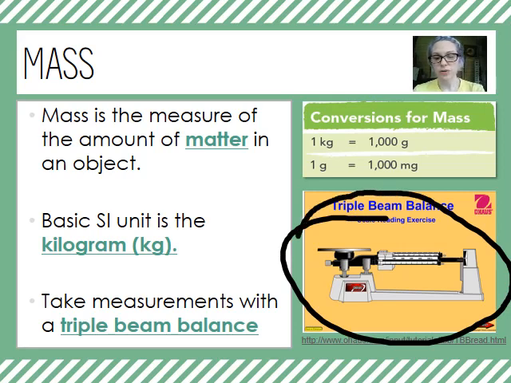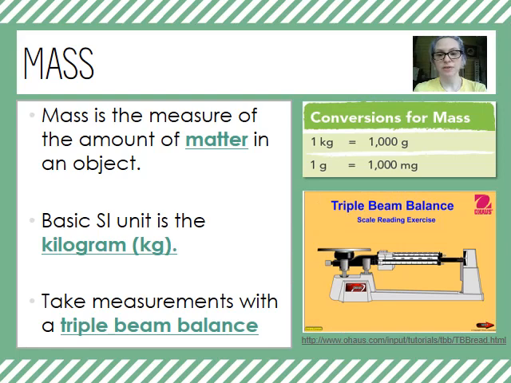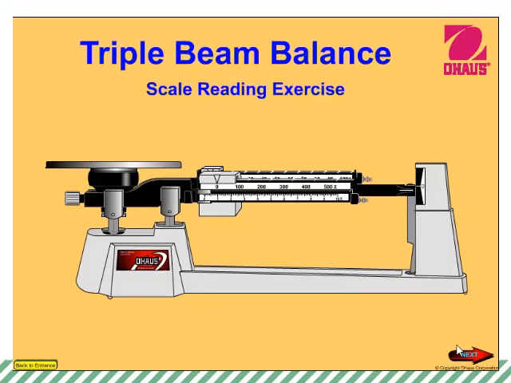We're going to go to this game in just a second and practice some measurements, but first make sure you write down these conversions here, where 1 kilogram is equal to 1,000 grams and 1 gram is equal to 1,000 milligrams.